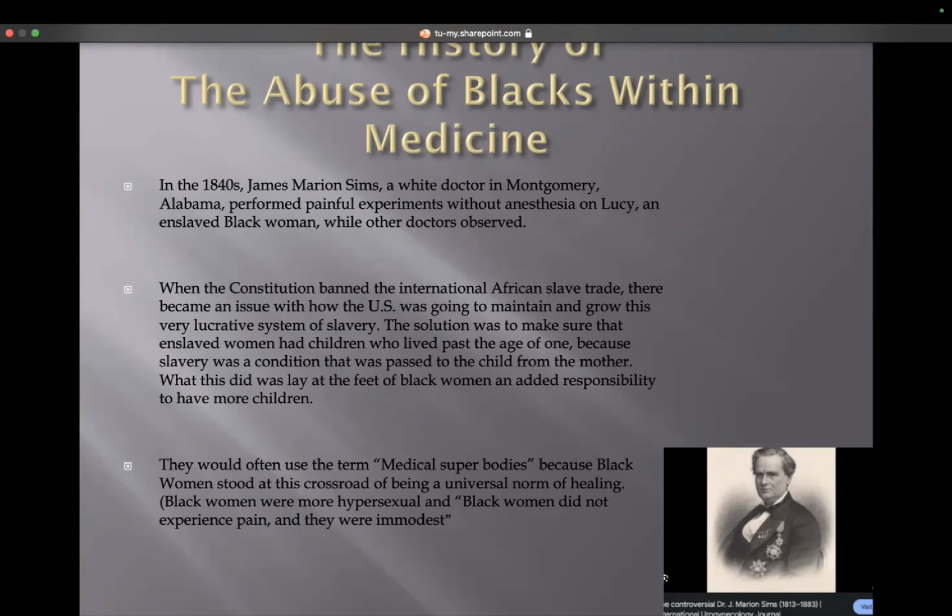Black women were seen as more hypersexual, as not experiencing pain, and as immodest. This fed into the belief that somehow Black women were intellectually inferior to white women, but also physically stronger, without any linkages being made to the fact that most Black women were slaves.